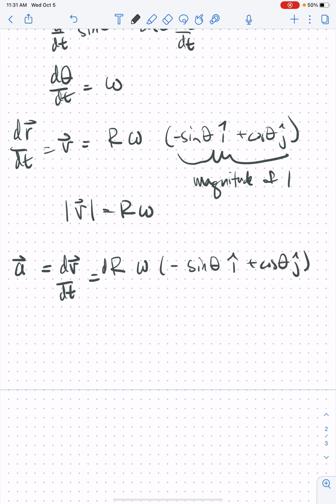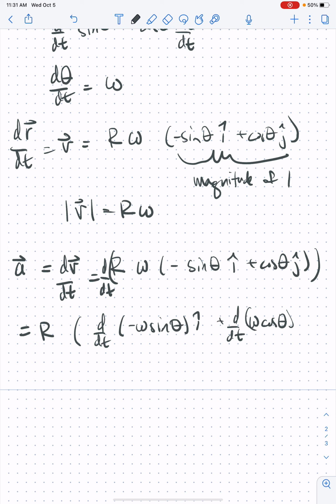We want to take the time derivative of all of this. So our R comes out again. So we've got R, and then we've got d dt of negative omega sine theta i hat plus d dt of omega cos theta j hat.